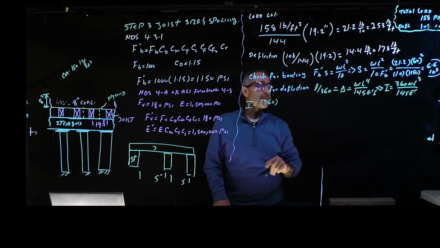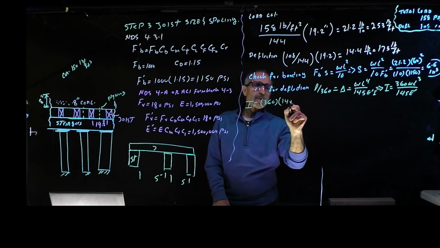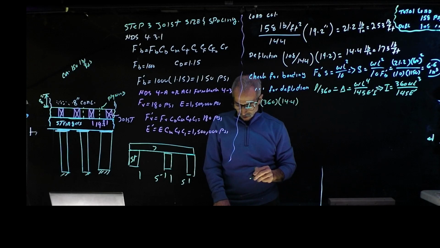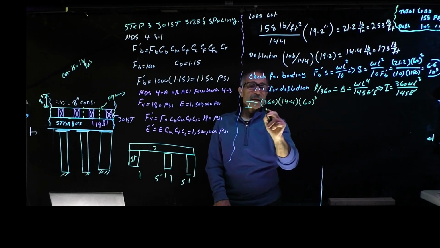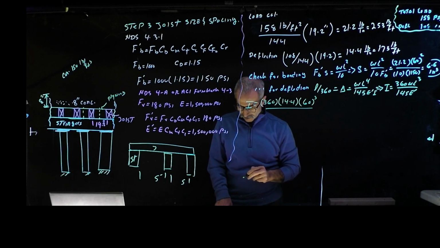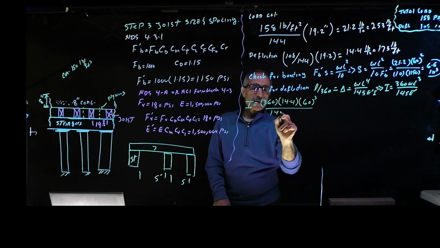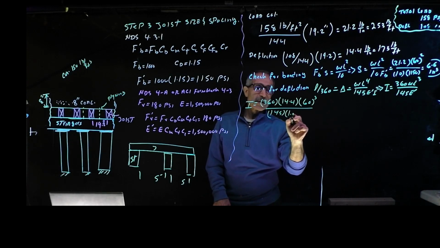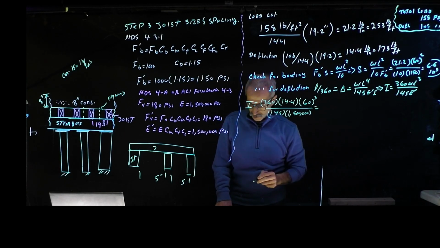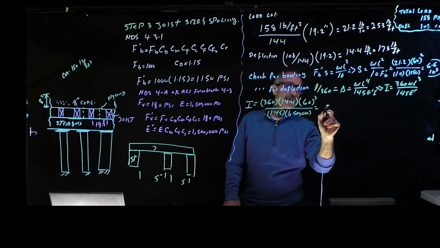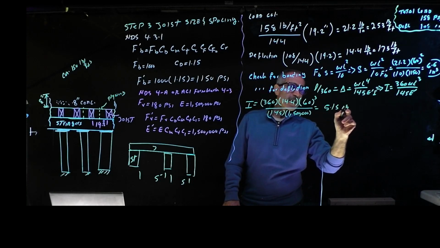W is 14.4 pounds per inch, times 60, that's the length, to the power 3, divided by 145, and the E prime was 1,500,000 psi. So it comes out to 515 inches to the power 4.